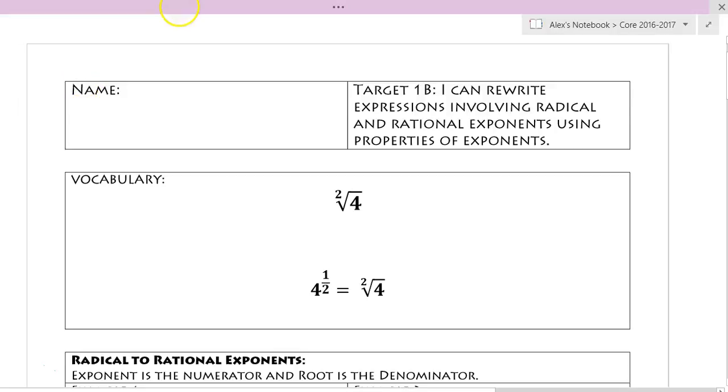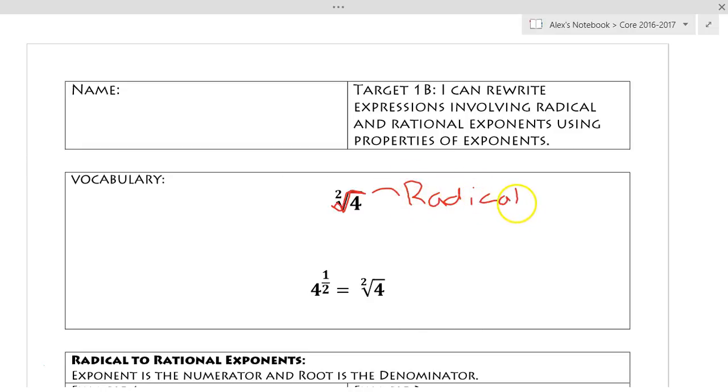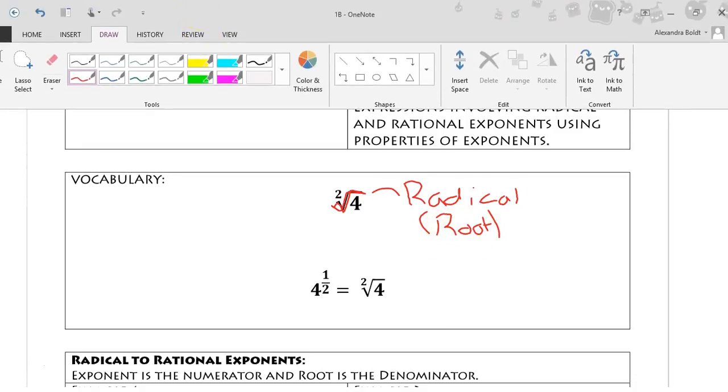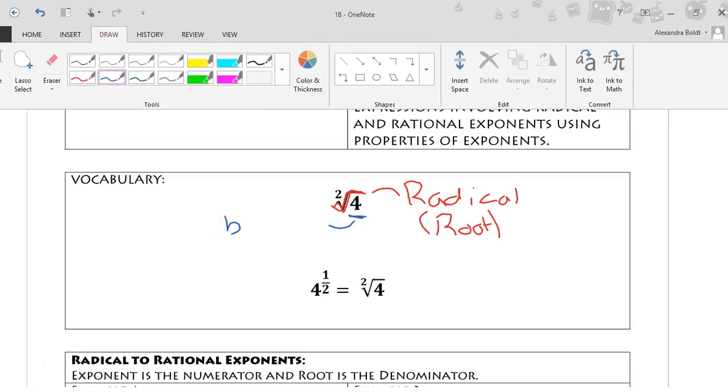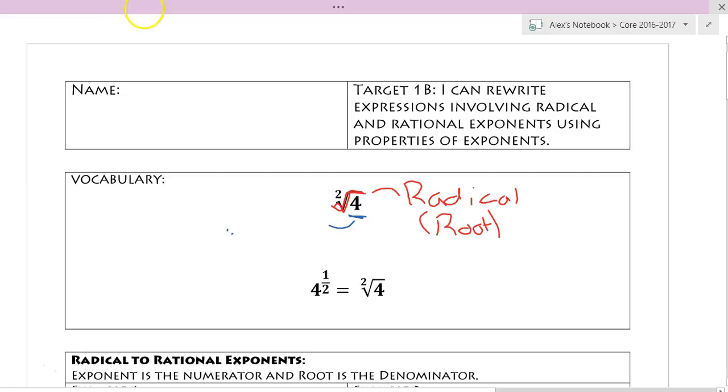So this symbol here is called a radical or a root. The number underneath is the radicand, also known as the base.